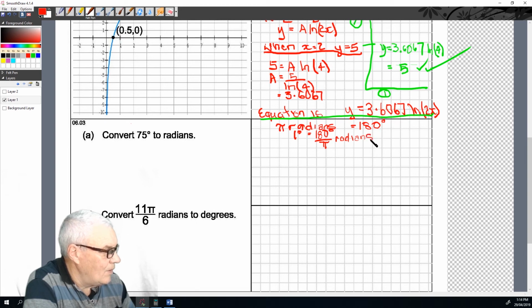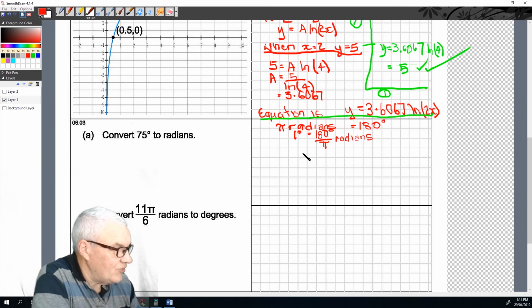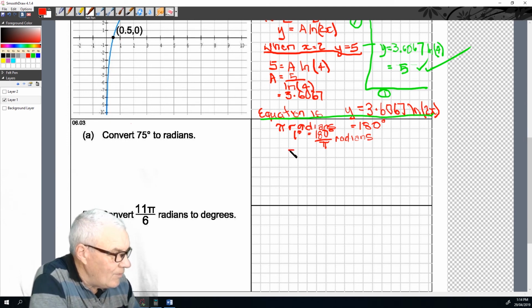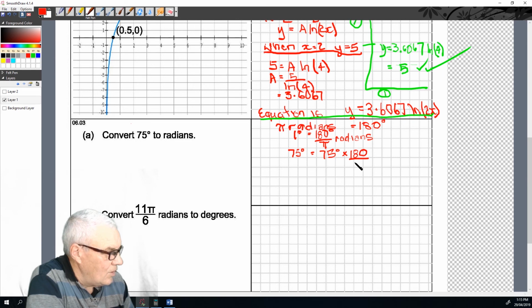Okay, so that's what 1 degree is. So if 1 degree is that, well, 75 degrees must equal 75 times that, surely, times 180 over pi.